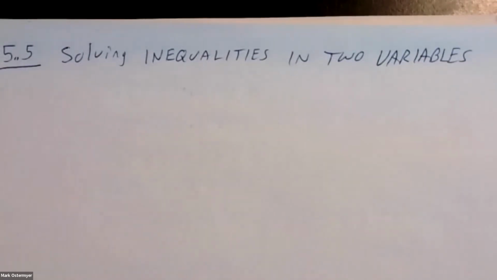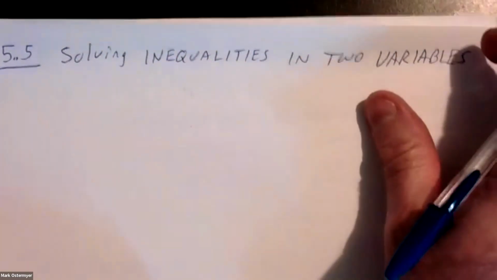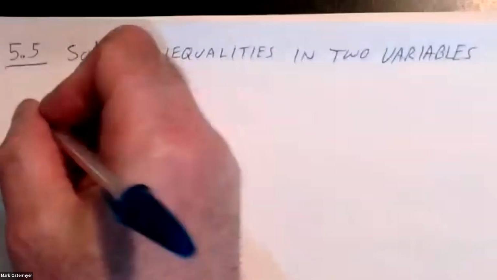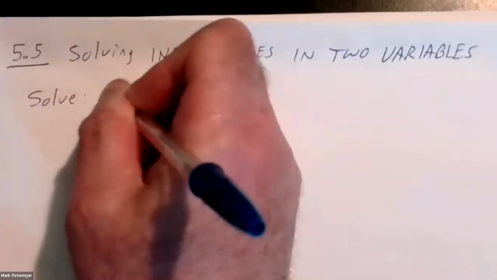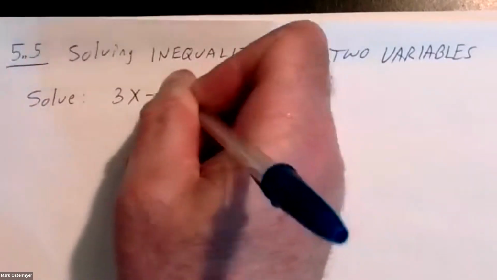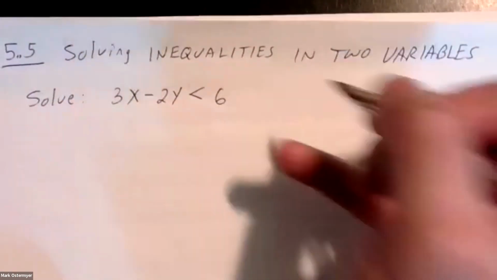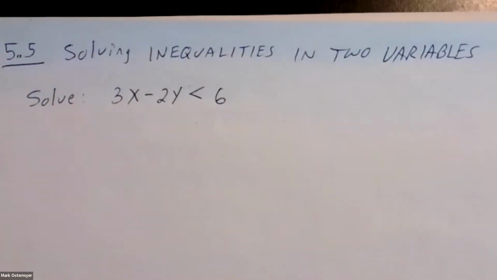We'll start off by just solving one of these, and then we'll eventually learn how to solve systems of these. All right, so here is a linear inequality in two variables, x and y.